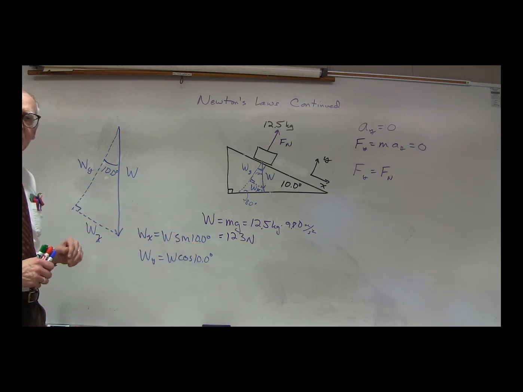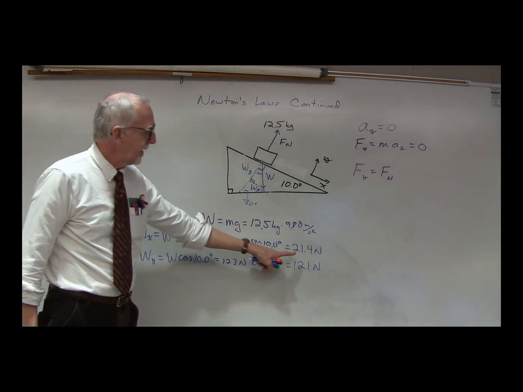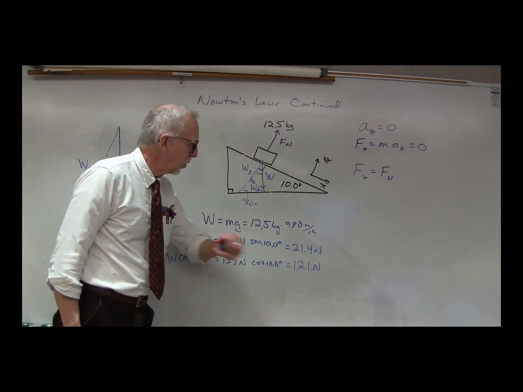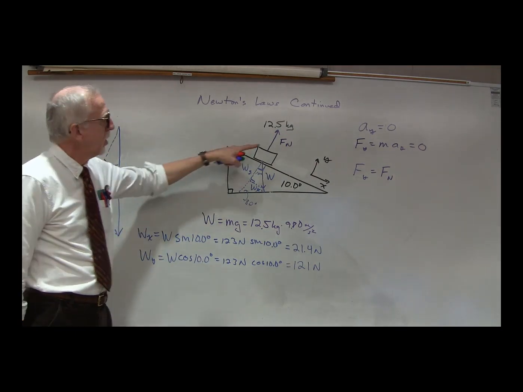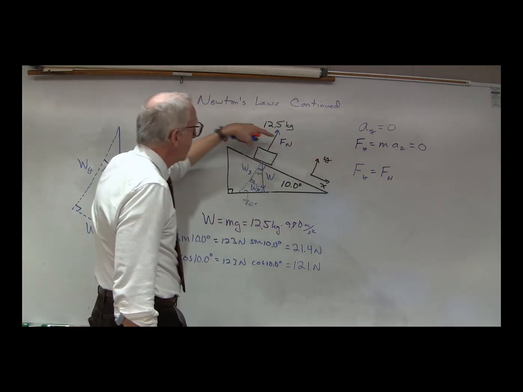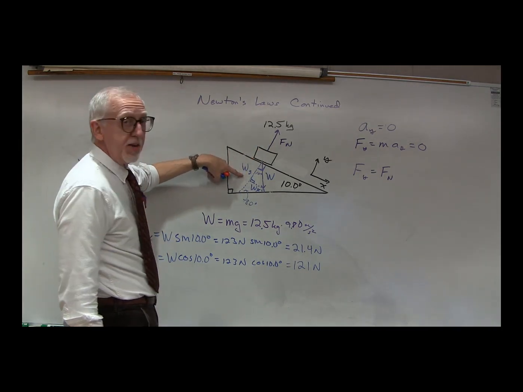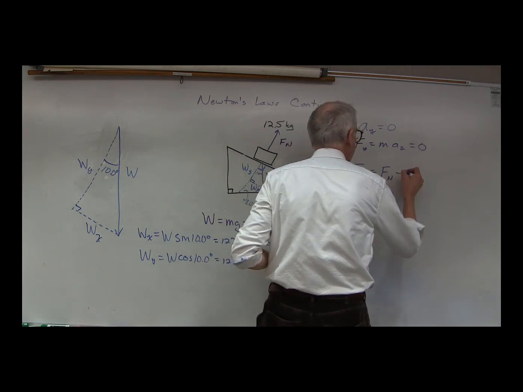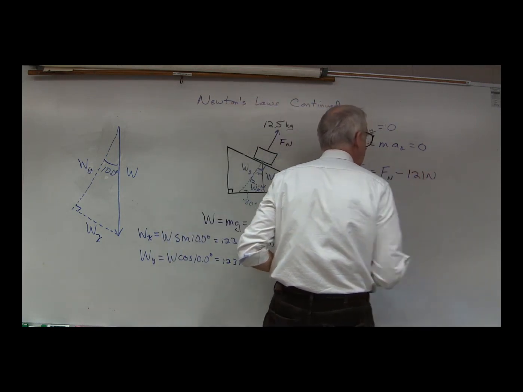Great, so let's stick some numbers in here. We get then that Wx is 21.4 newtons and Wy is 121 newtons. So let's go back to the net force in the y direction. We had that F sub y was equal to the normal force, and then W sub y is in the negative y direction, so we have to subtract W sub y, minus 121 newtons.